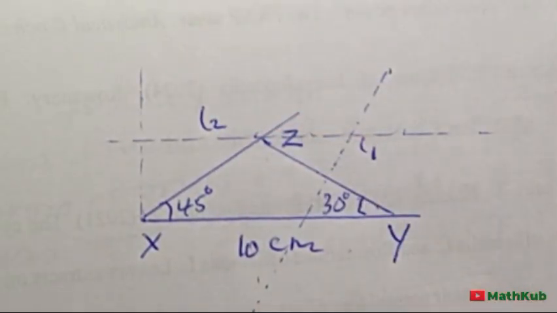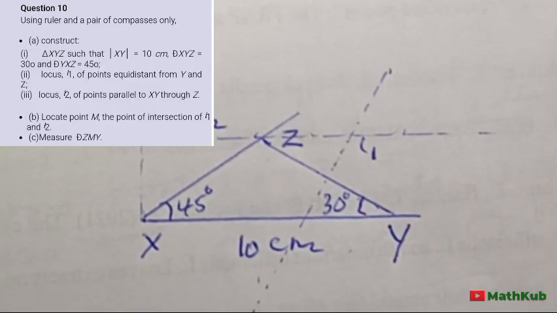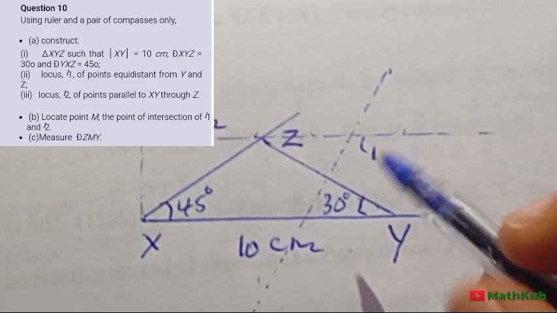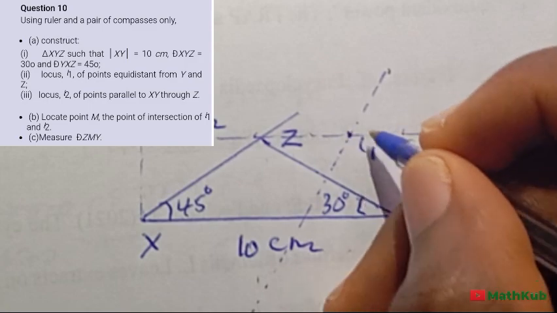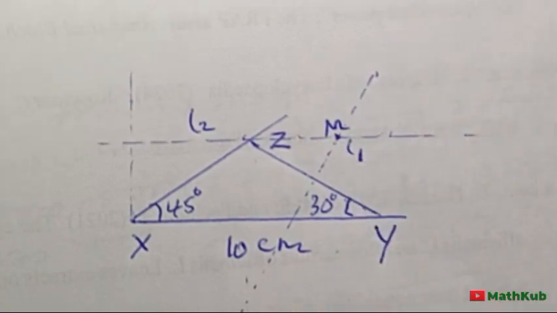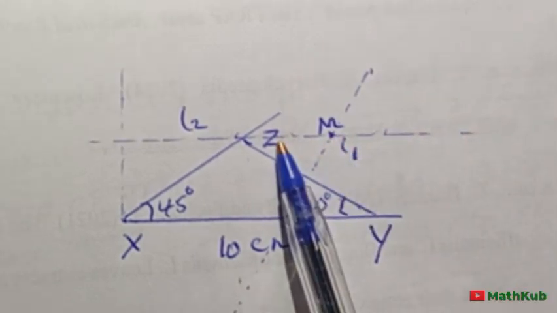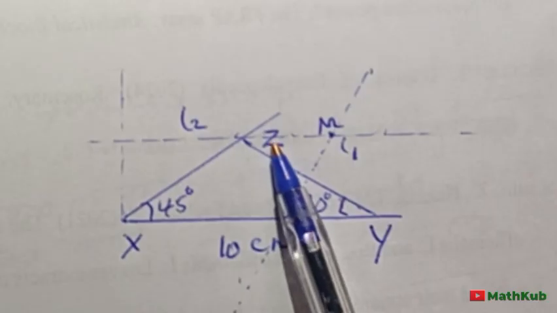Then question B says locate point M, the point of intersection of L1 and L2. So here is the point of intersection of L1 and L2. We call this point M. Measure angle ZMY.